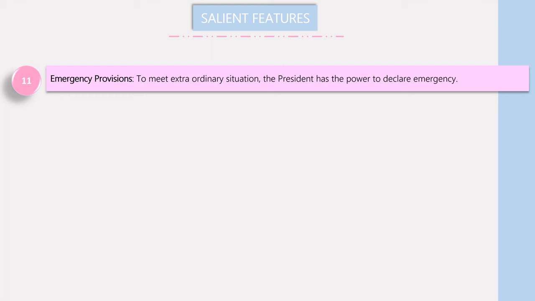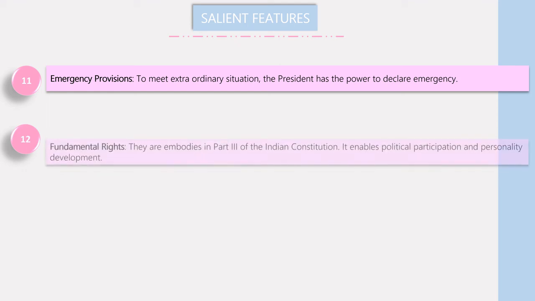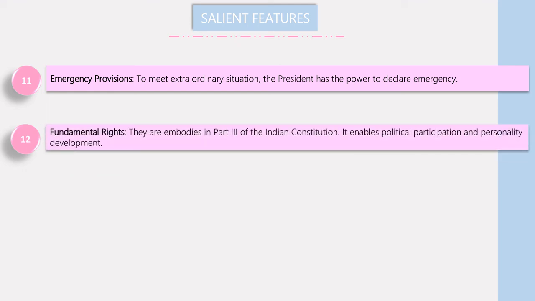Citizens' rights are curtailed and the federal structure is converted into a unitary one without a formal amendment of the Constitution. 12th, fundamental rights. 6 fundamental rights are embodied in Part 3 of the Constitution.